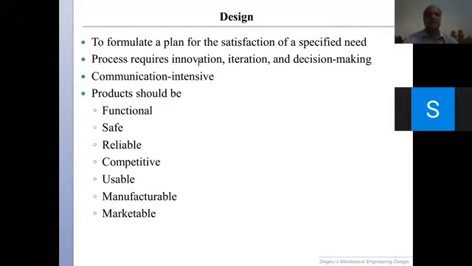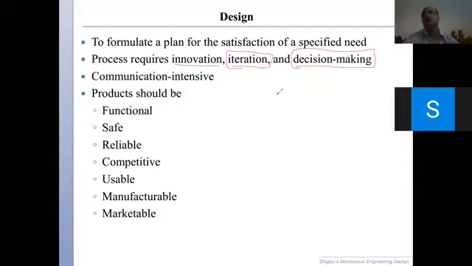तो इस प्रोसेस में there is innovation, and again there is iteration. You would have different trials in there. You go ahead and tweak things and look at the outcome. And again, when you start a design, there is a lot of decision making involved.